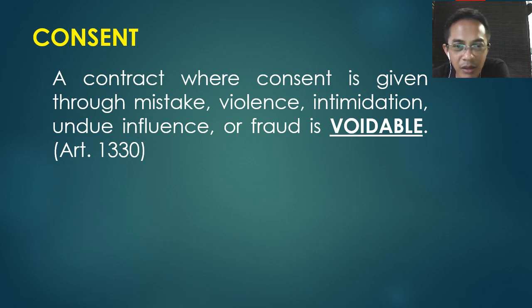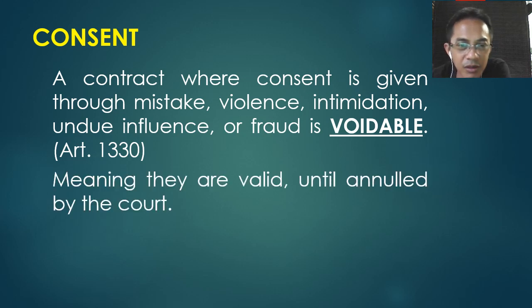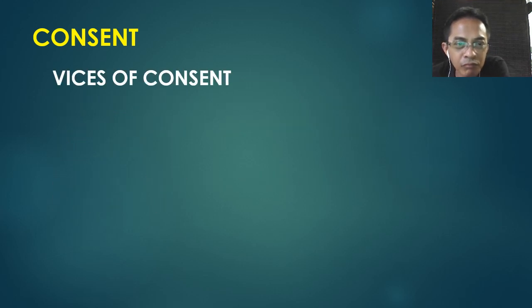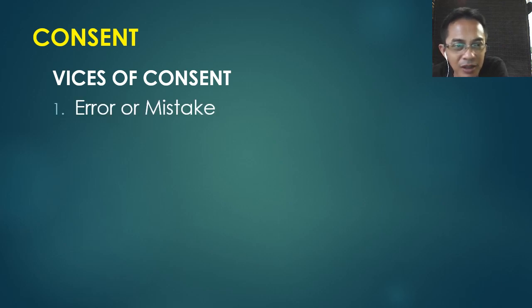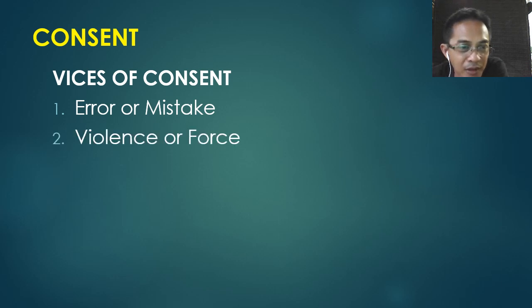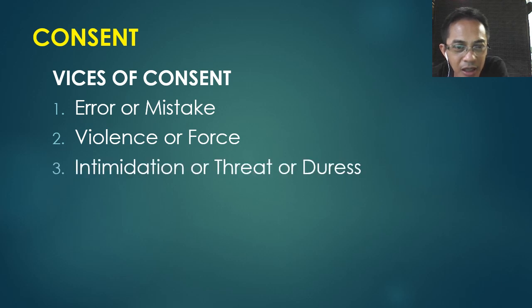Kaning mistake, violence, intimidation, undue influence, or fraud are called vices of consent. Bisyo. Ng bisyo sa consent. Error or mistake, synonymous na sila. Violence or force, pinilit ka, kulatado ka. Intimidation, threat, or duress, tinakot ka. Sa number 2 class, may physical violence.